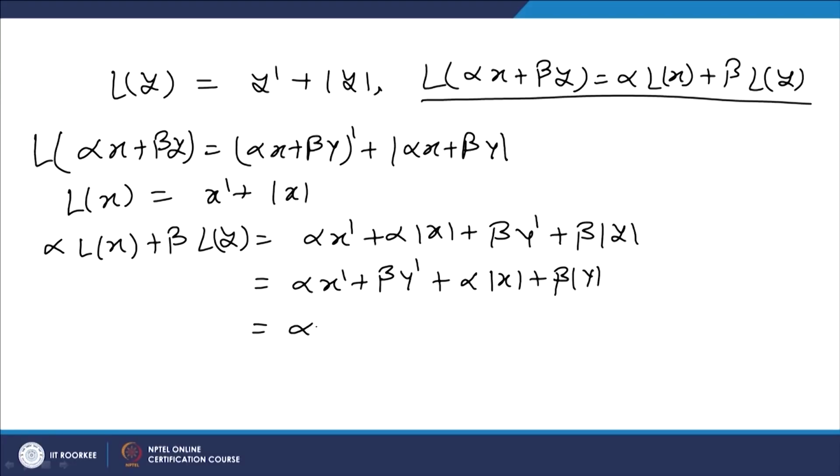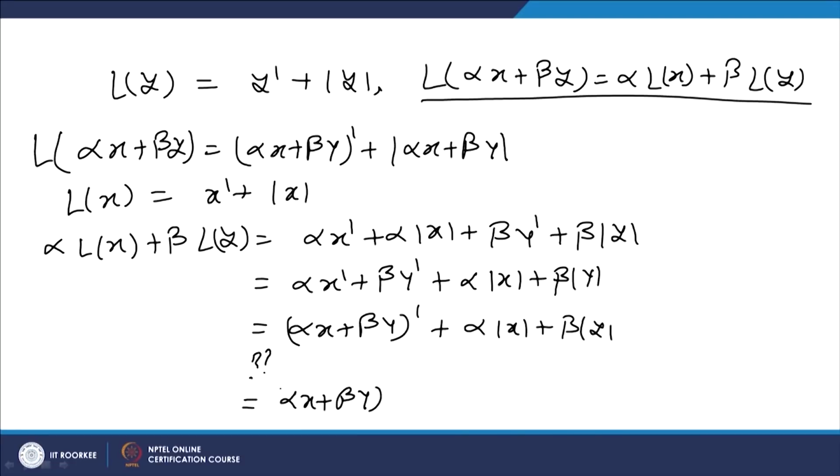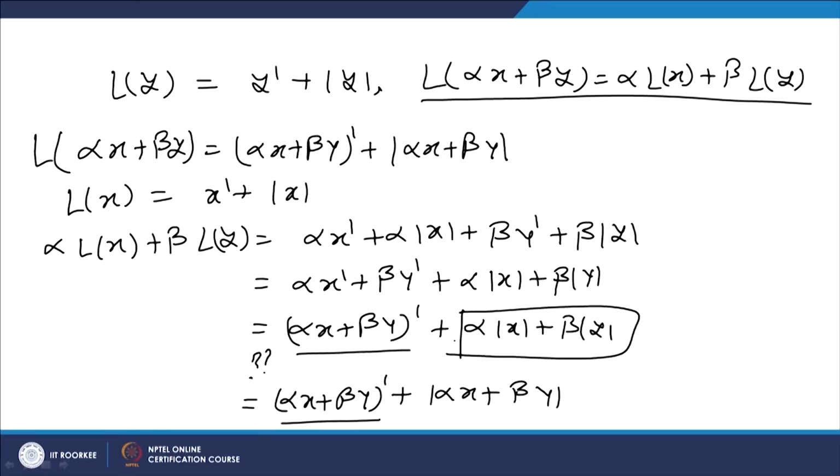So, this I can write as the derivative of alpha x plus beta y, plus alpha times mod of x plus beta times mod of y. And we need to show whether it is equal to the derivative of alpha x plus beta y plus the modulus of alpha x plus beta y. If you look, the first term is matching, no problem, but the other term may not be equal.